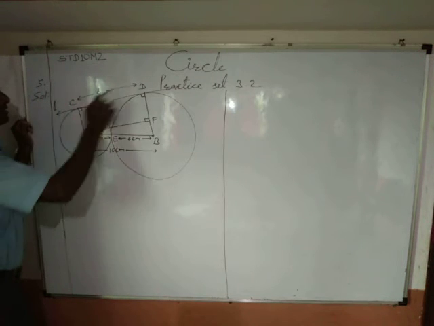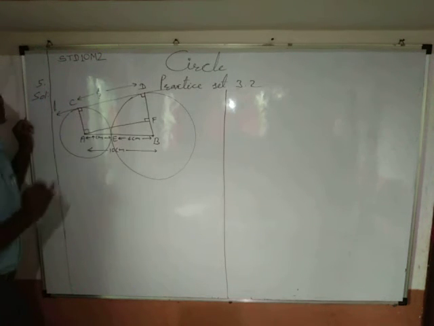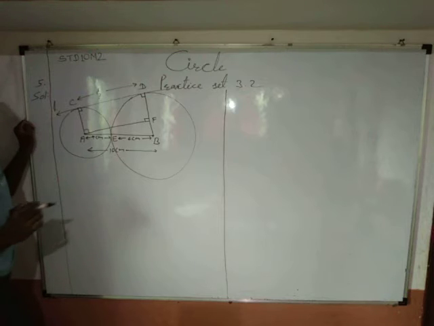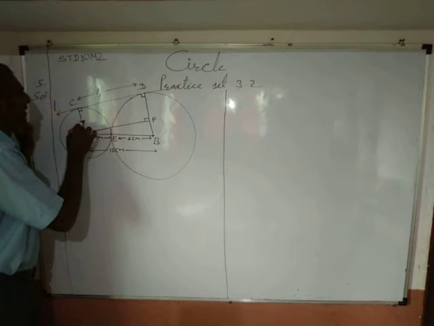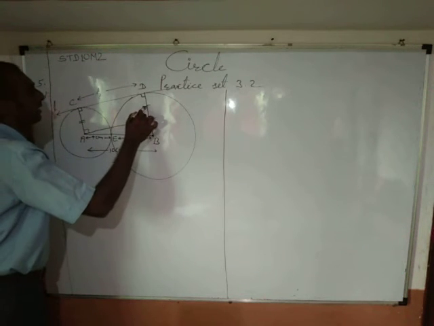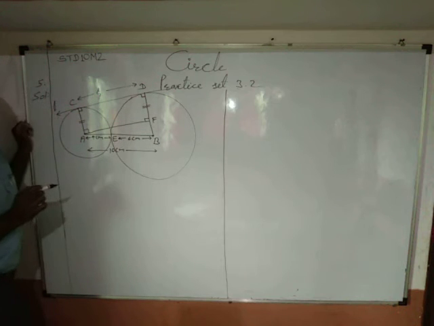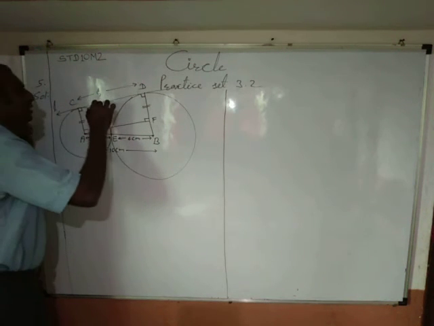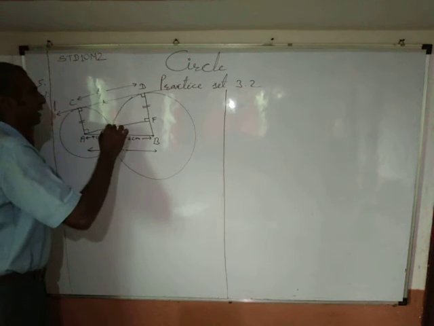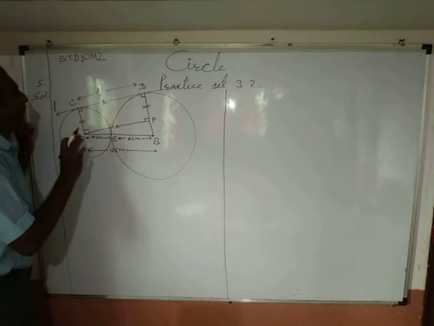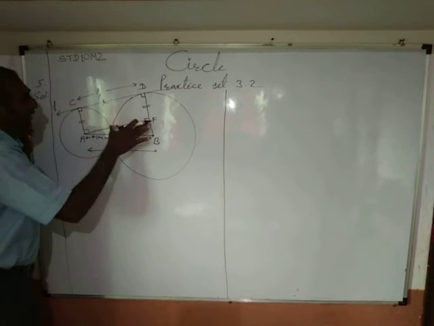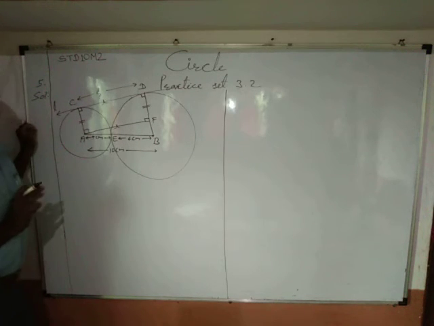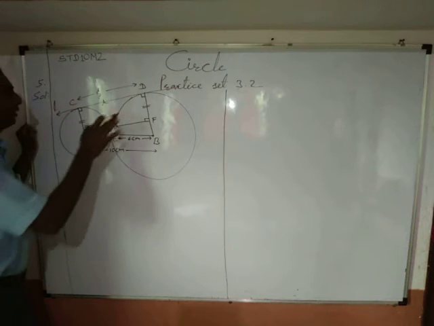Therefore quadrilateral CDFA is a rectangle, and opposite sides of a rectangle are congruent. So the length of AF will be the length of CD. But we don't know AF.